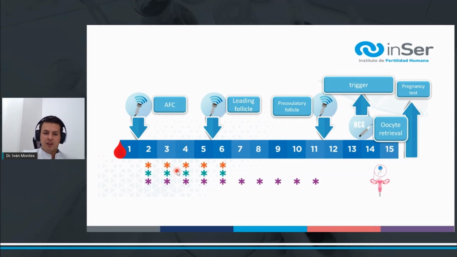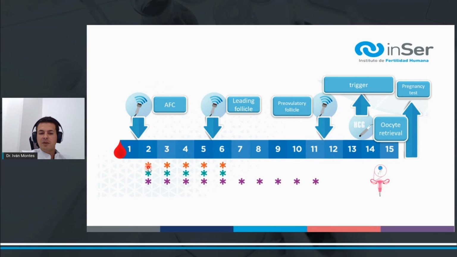We do a first ultrasound when the menstrual period comes, on the first or second day. We check the intrafollicular count, see how the patient is, check that there are no cysts bigger than 12 millimeters, and we start the medication.